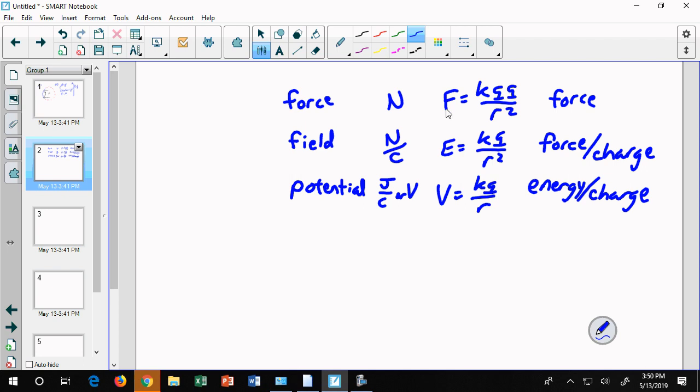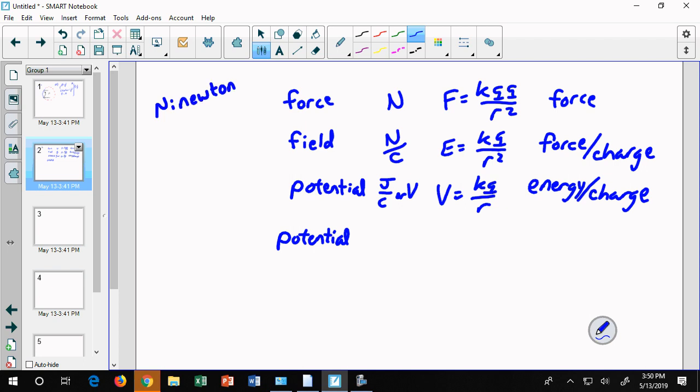And then the last one is potential energy. Oh, by the way, with potential, look, it's joules per coulomb. That's an energy per charge. Fields are force per charge, so it's newtons per coulomb. So if you know the units, then you'll know the basic definitions of what those things are. N is newtons.